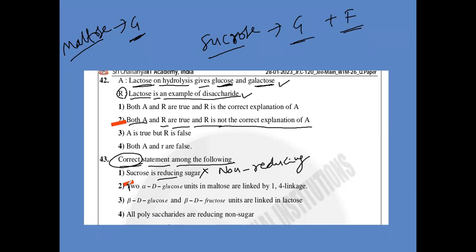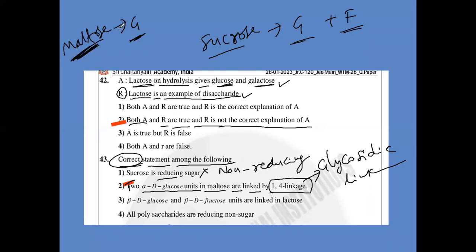Next, 2. Two alpha D glucose units in maltose are linked by 1,4 linkage. This linkage is called what? Glycosidic linkage. 1,4 glycosidic linkage is present in what? Maltose.